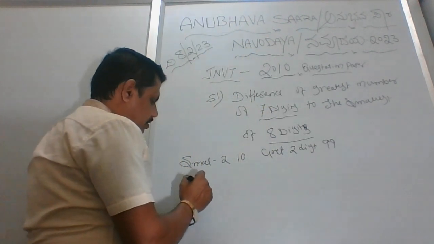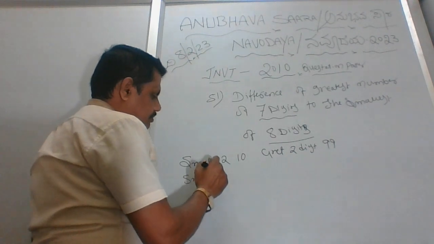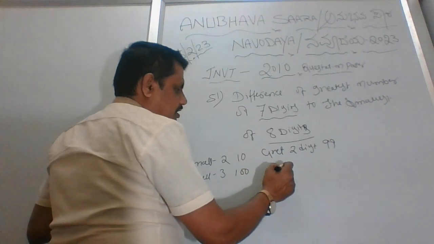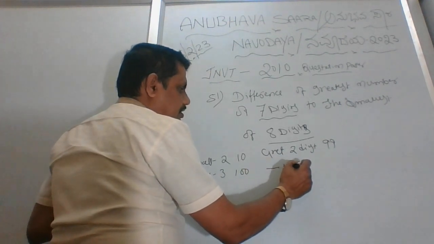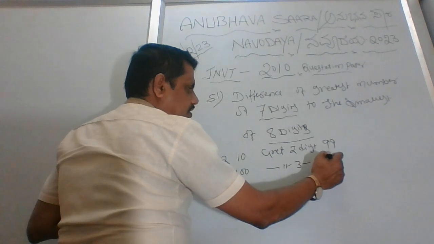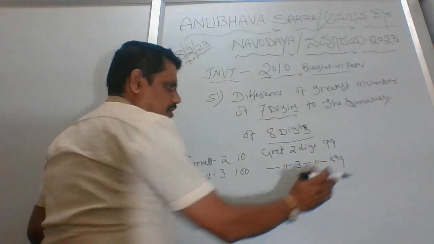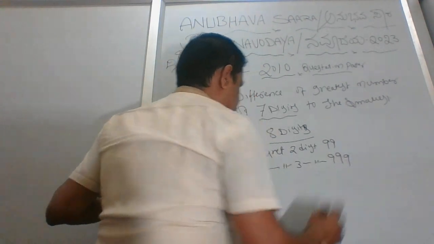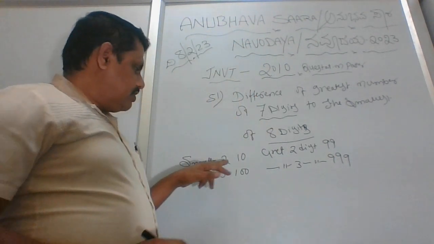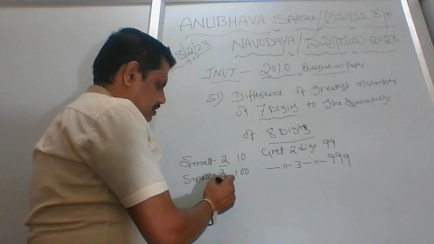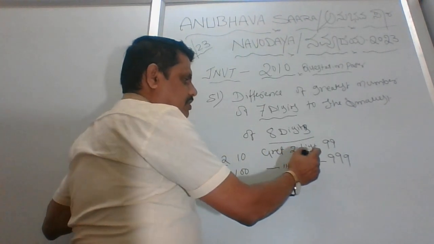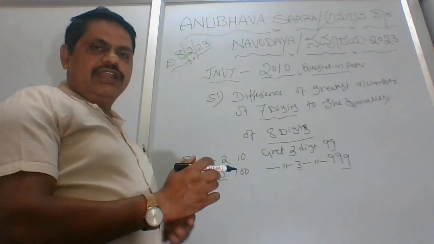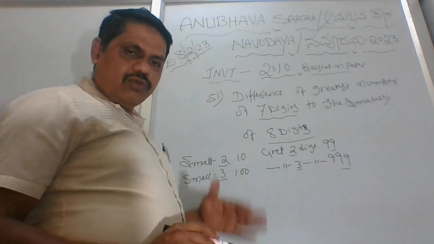Similarly, smallest 3 digit number comes after this, 100, and greatest 3 digit number is 2 nines here, triple nines. Smallest 2 digit is 10, 3 digit is 100, greatest 2 digit is 99, 3 digit is triple nine, that is 999.